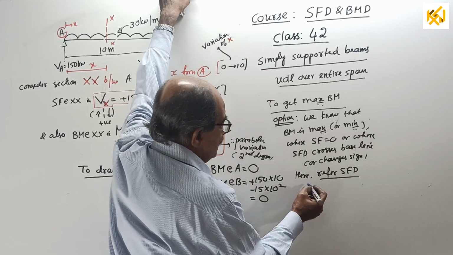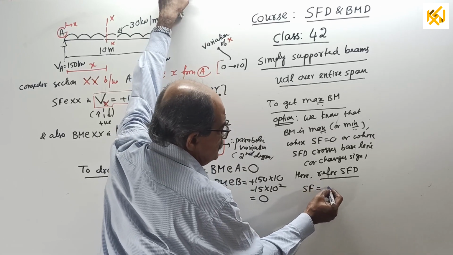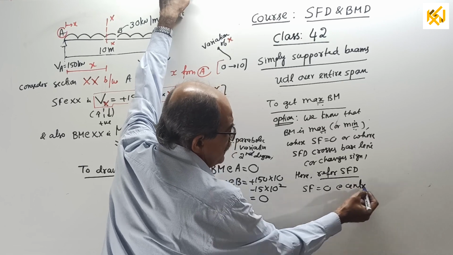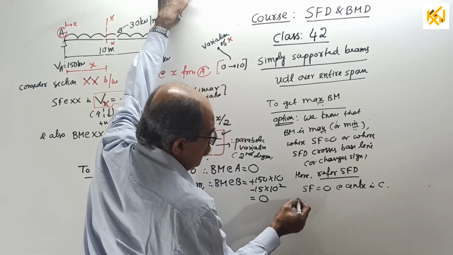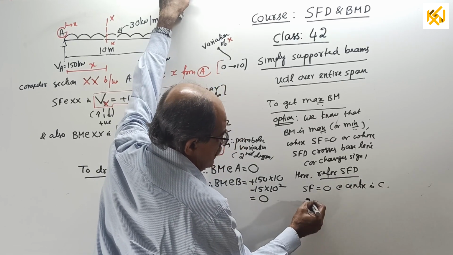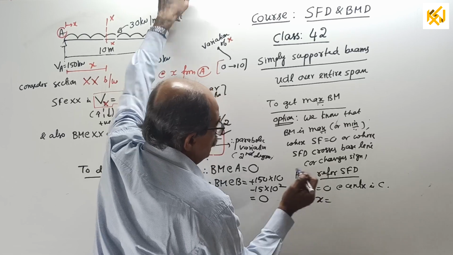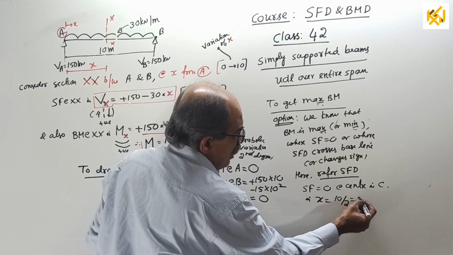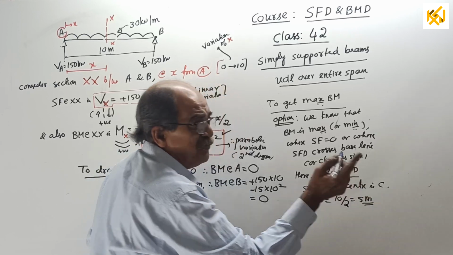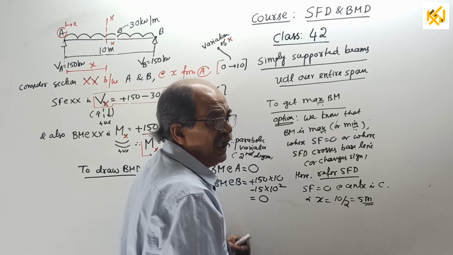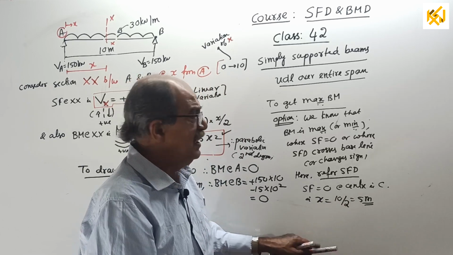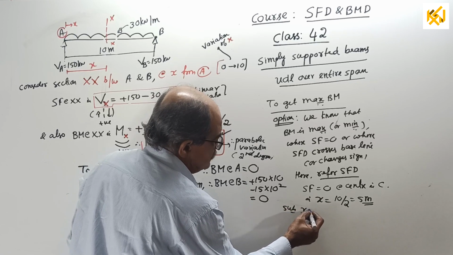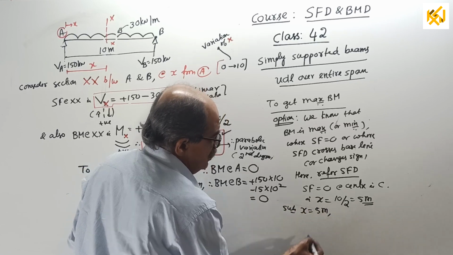Referring to the SFD, shear force is 0 at the center, that is C. Therefore x equal to 10 by 2 meter, or 5 meter from A. Here x is from A.